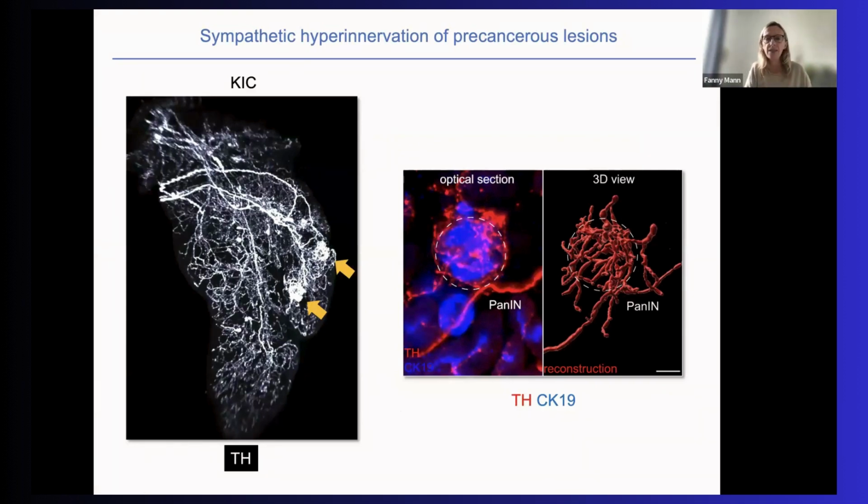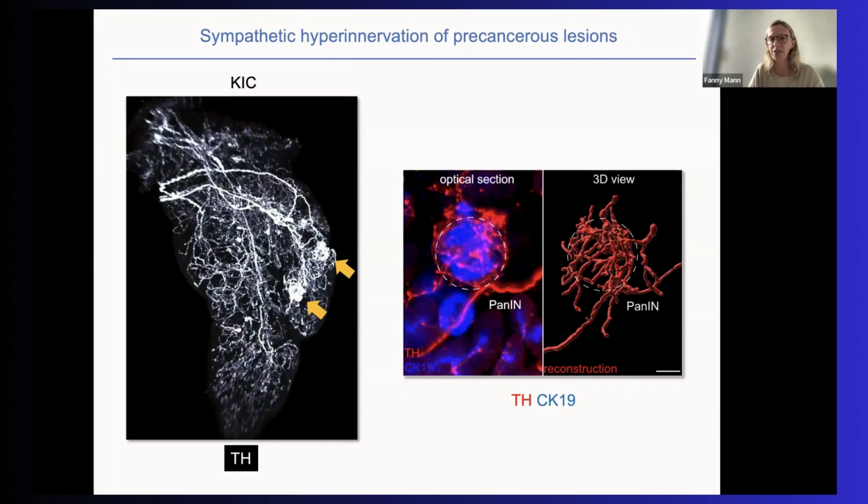These hotspots of sympathetic innervation correspond to very dense regions of sympathetic innervation that have grown and branched around small epithelial lesions, which in fact correspond to early precancerous lesions that we call pancreatic intraepithelial neoplasia, or PanIN.